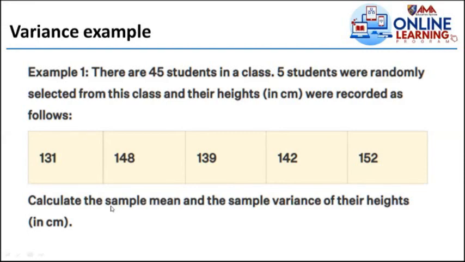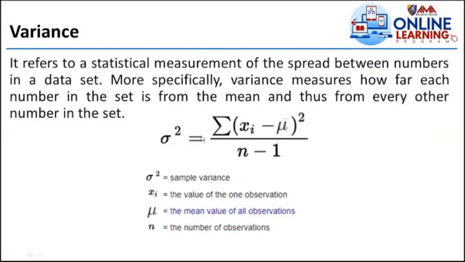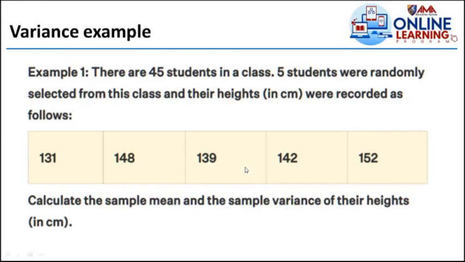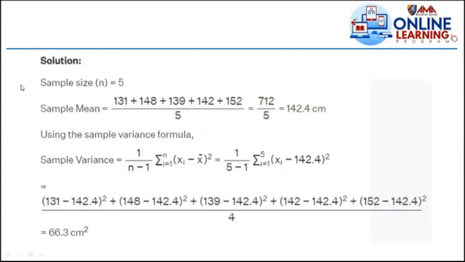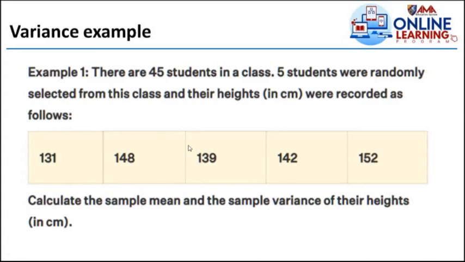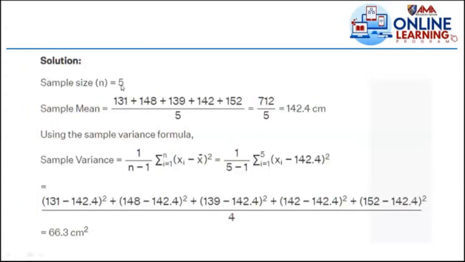Okay? So how are we going to do that? So meron tayong formula kanina, no? Ito yung variance po natin. Ito yung formula po natin. And if we're going to have this kind of example, 131, 148, 139, 142, and 152. So, sample size, how many students do we have? We have 5 students.